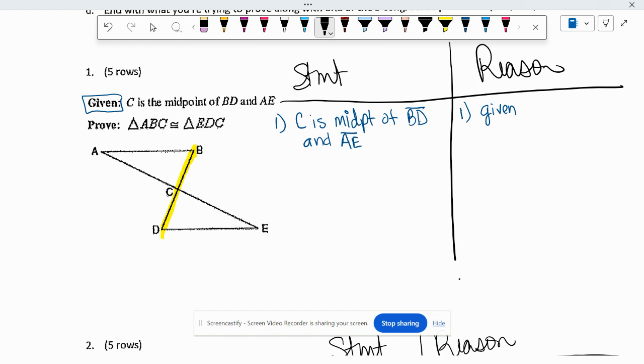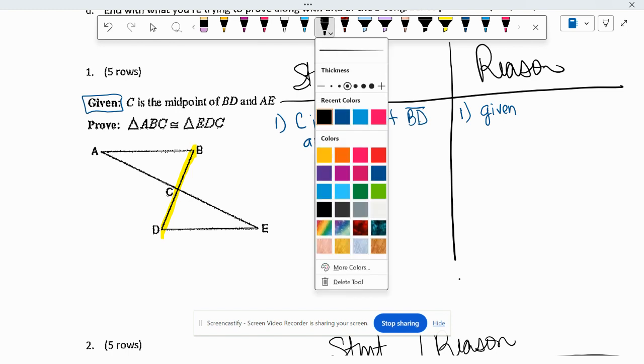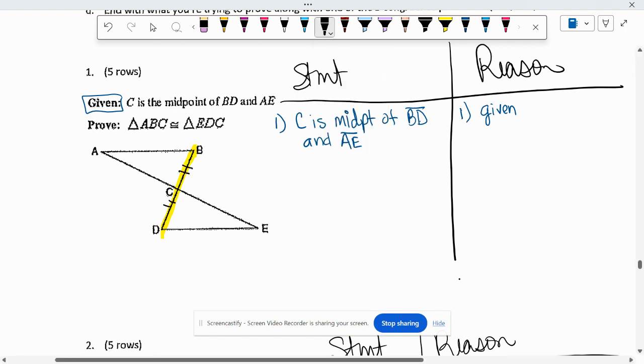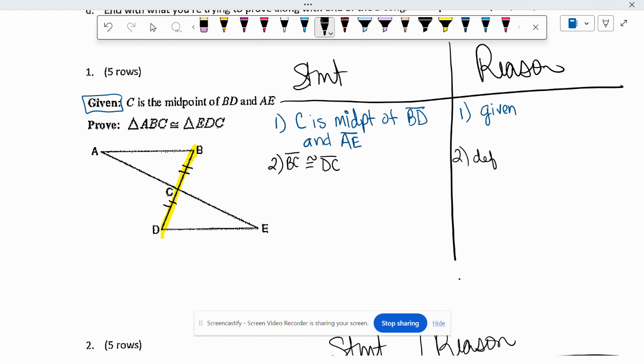It means that BC and DC are equal. That's right. So let's say that. Segment BC is congruent to segment DC. Why? Definition of midpoint.